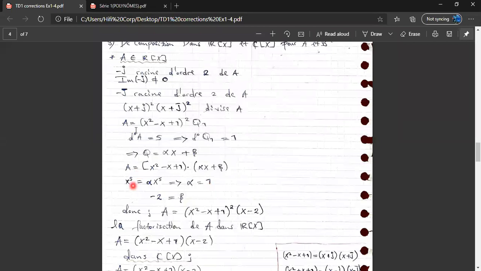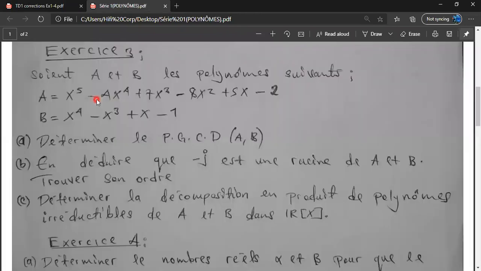For the beta, again, it's the same thing. You go to your polynomial. What's the second one? It's -4x to the power 4.